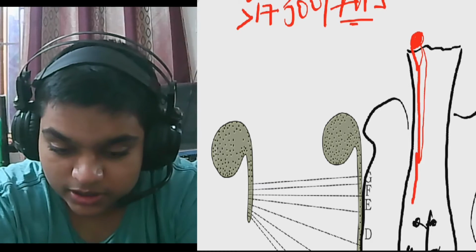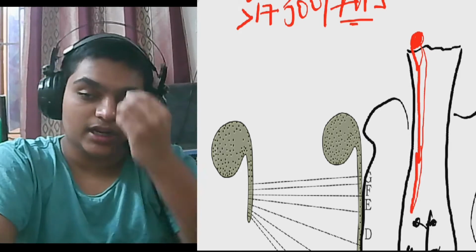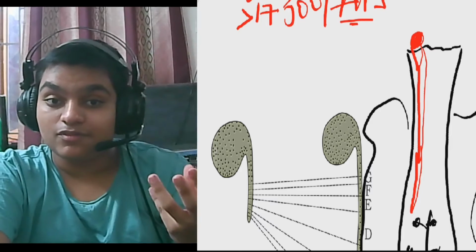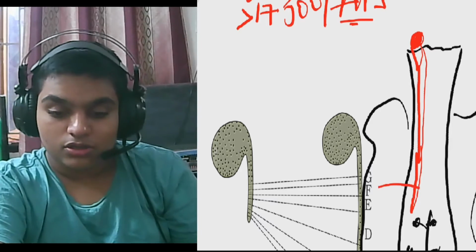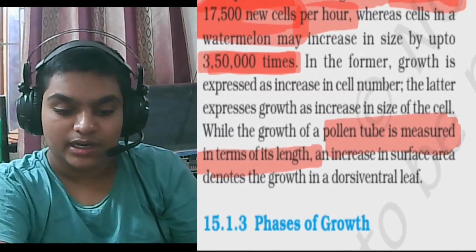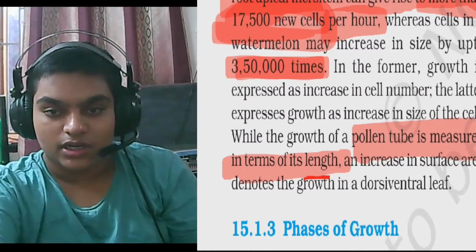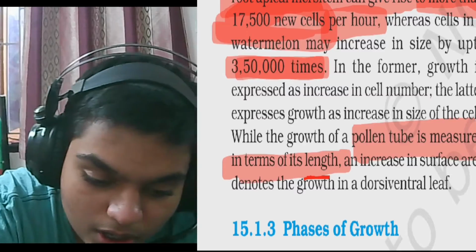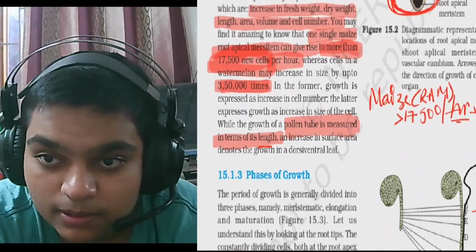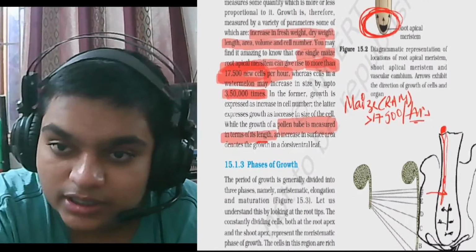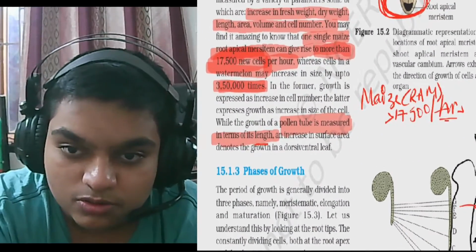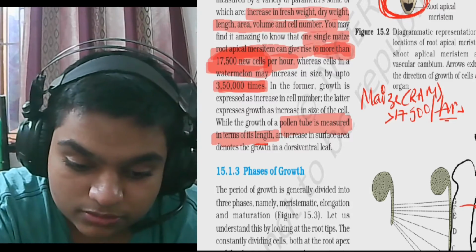Now here you can see that the length of the pollen tube is increasing. So growth of a pollen tube is measured in terms of its length. Okay, got it? Yes, correct. I'm going a little slower than yesterday, so no problem, we can cover our session.